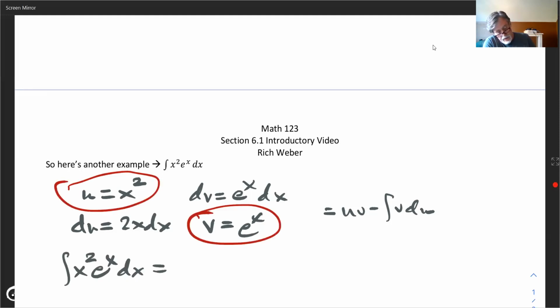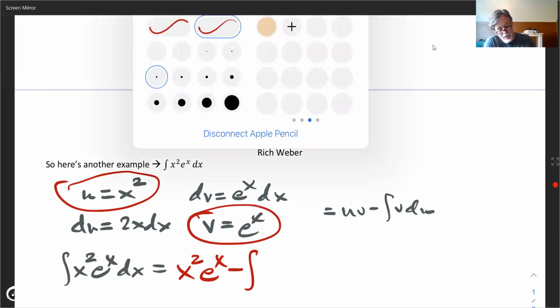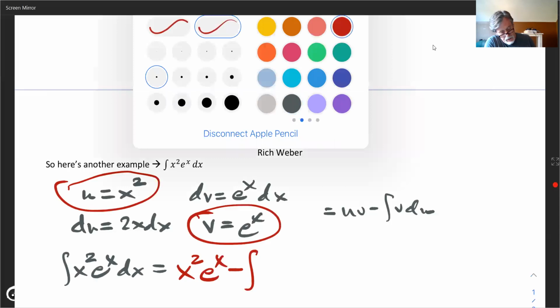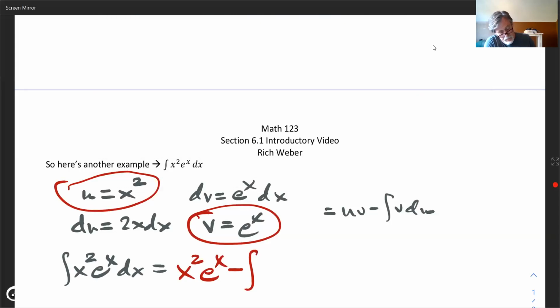It's x squared e to the x minus the integral, I'll do this guy in blue, and it's going to be v du. So minus the integral of 2x e to the x dx.